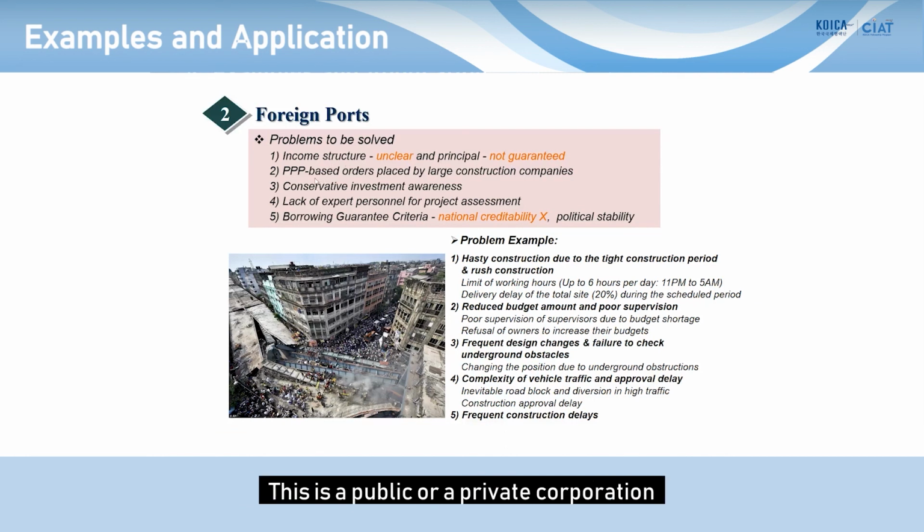PPP, the public and private cooperation, is based on orders placed by large construction companies. For the investment, they are so conservative that it is not easy to persuade them, and also there is a lack of expert personnel for project assessment. So the project country relies on their own country's personnel.